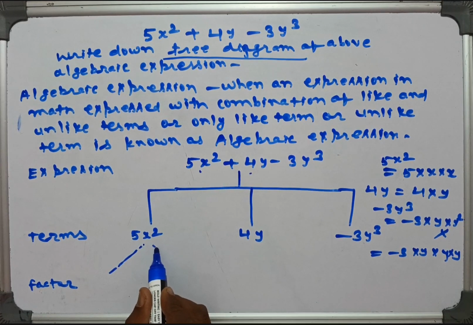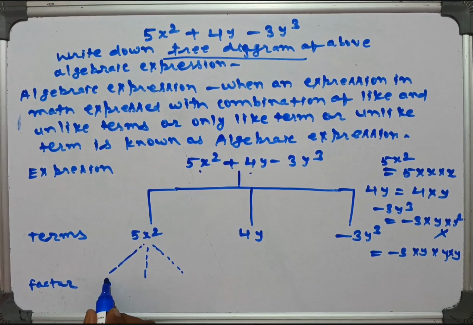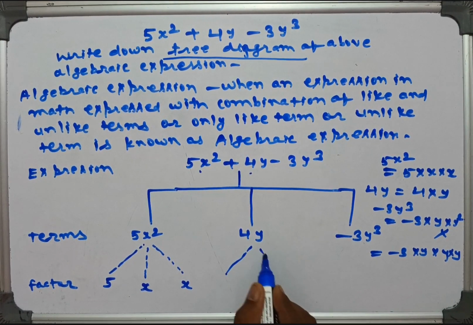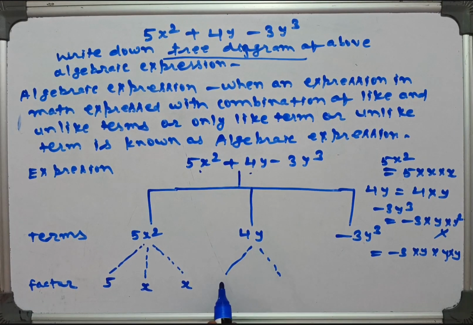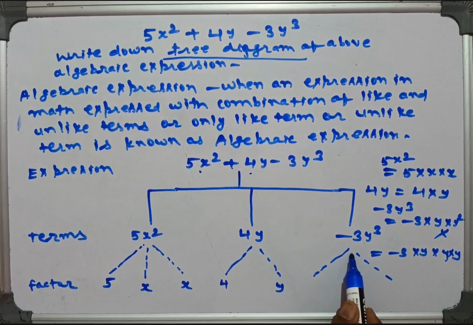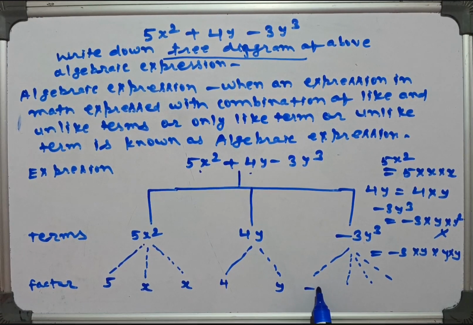Okay, guys, so we represent branch by dotted line. So how many factors? There are 3 factors. So this one is 5x and x. For this one, 2 factors, 4 and y. And for this, guys, there are 4 branches. First one is minus 3, second y again, then y, then y.